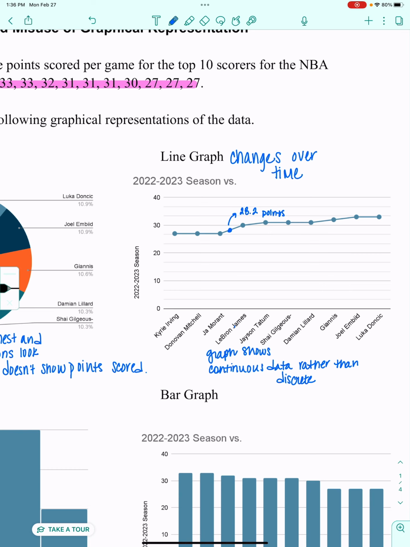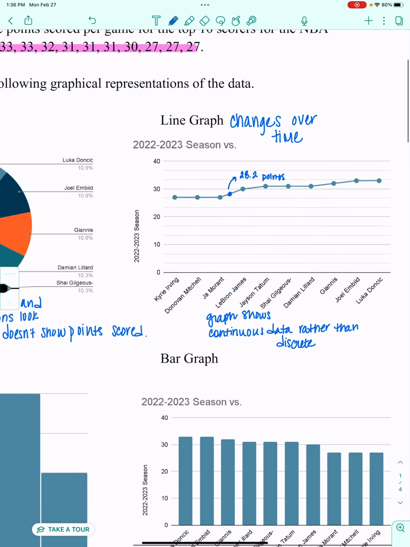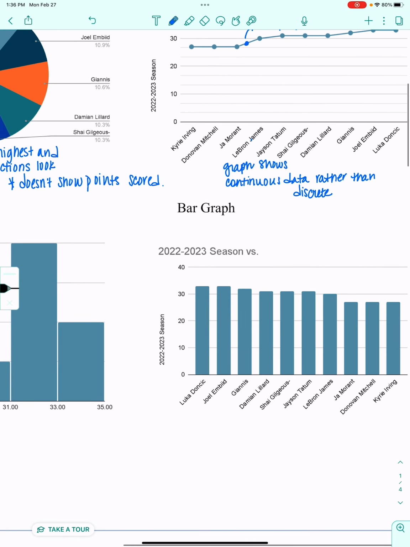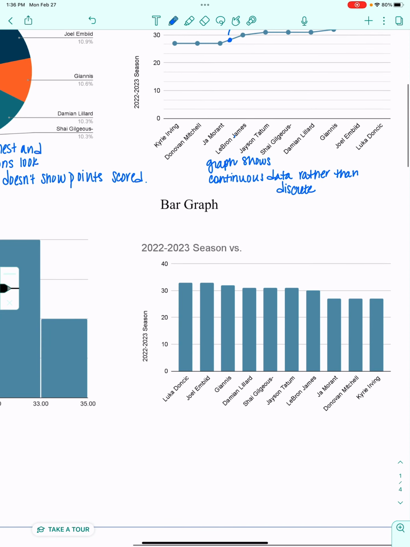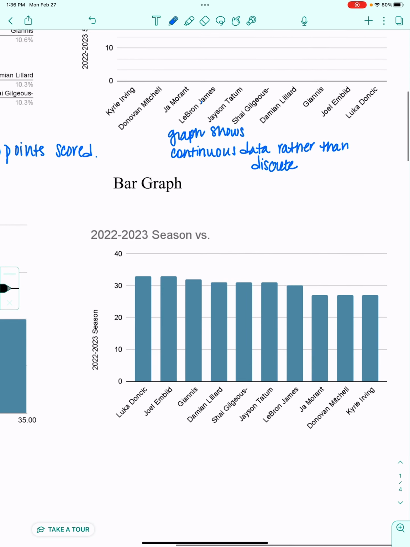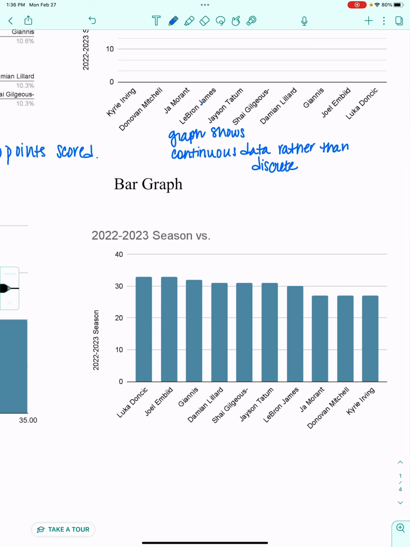Now let's take a look at our bar graph. On our bar graph, we can see a highest and a lowest. We have a maximum score right there with Mr. Luka, and a low scorer right there with Kyrie Irving.